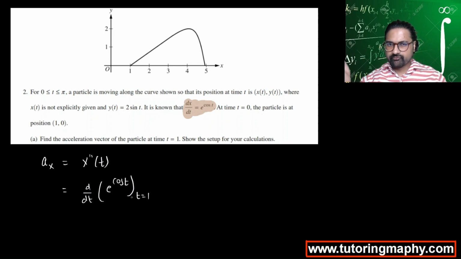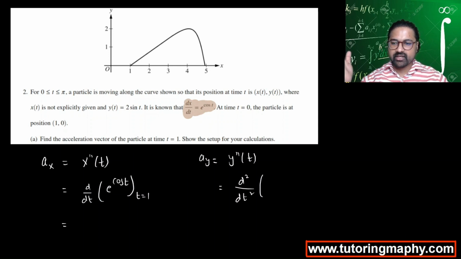We won't make the effort of doing this manually because the calculator is allowed. So we get some value which we'll find, and the value of a sub y will be given as the double derivative of the y function, of course. So it will be d square over dt square of the y function, and the y function is already given to us as 2 sine t.